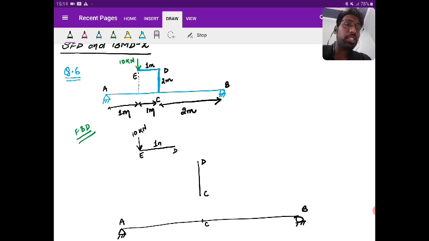Let us mark the distances: 1 meter, 2 meter, 2 meter from A to C, and 2 meter from C to B. Is it clear?